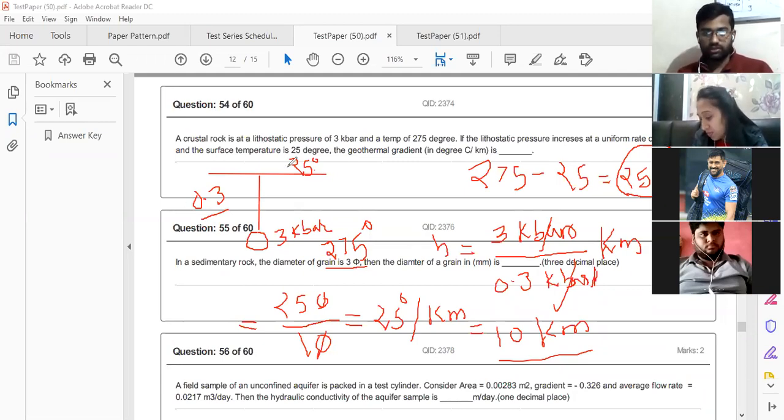Because we are considering average global temperature all over the world, it is approximately 26 degrees Celsius, which we count for global warming. If this surface temperature is now increasing from 26 degrees to 27 or 28, in that case we'll say global warming. If it is going down, you can say global cooling.